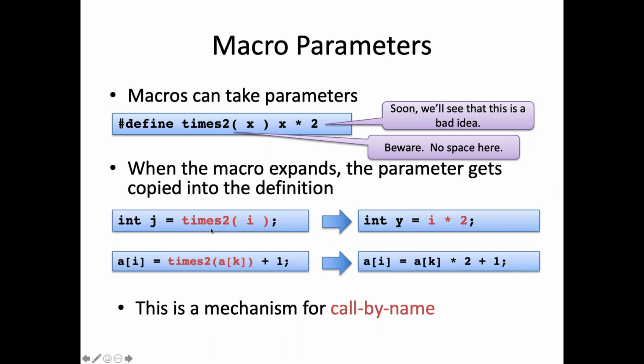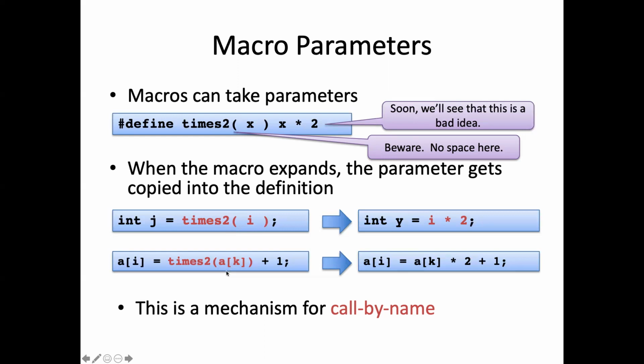So if you said expand x2, but use i as x, you'll get the replacement x times 2, but instead of x, you get the i that you passed in. So the x becomes whatever the value of the parameter is, and the rest of the macro definition just gets copied verbatim. You could use this to stick arbitrary syntax in as the value of the parameter. So here I put a sub k as the parameter.